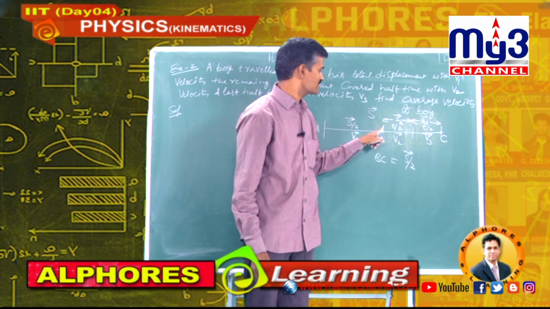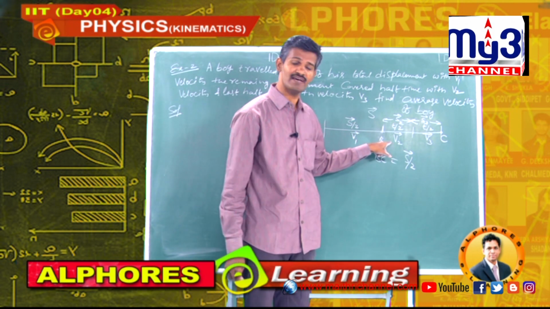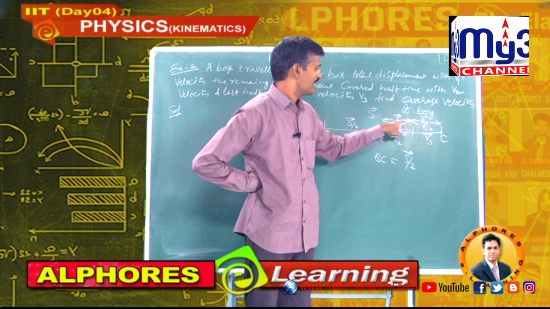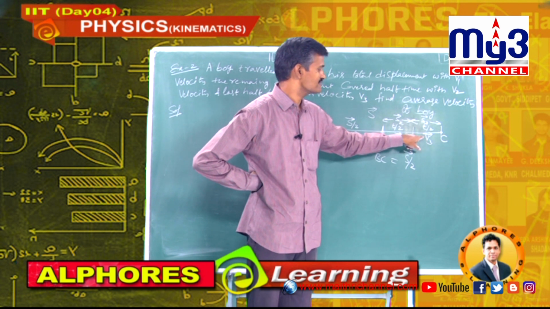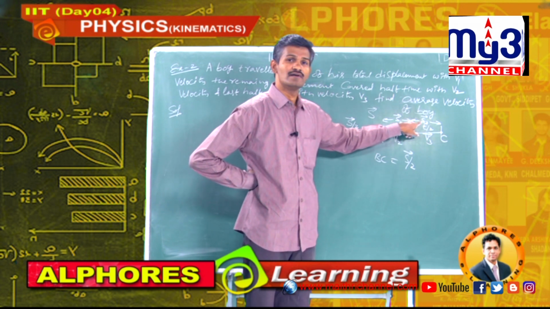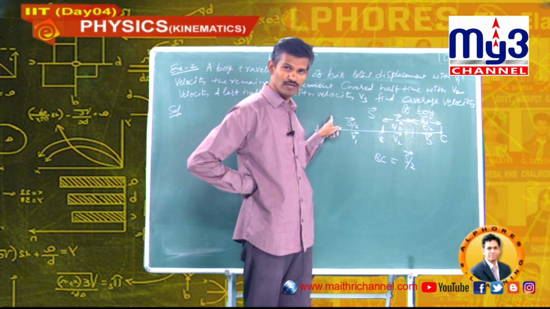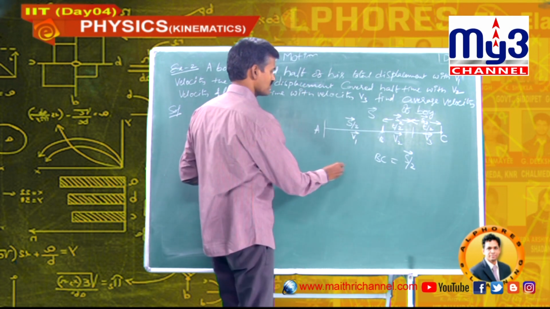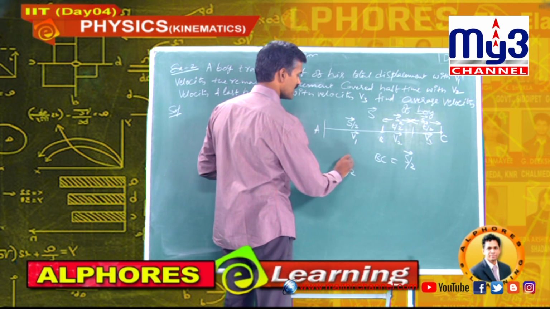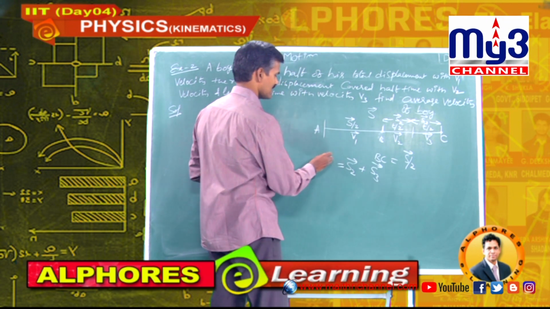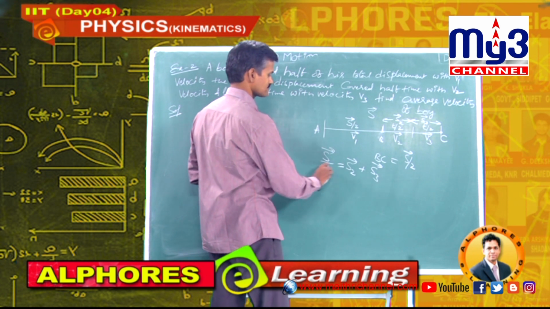Half of the time with velocity V2 gives some displacement S2, and with velocity V3 it gives some displacement S3. So I am writing this as S2 bar plus S3 bar gives S bar by 2.